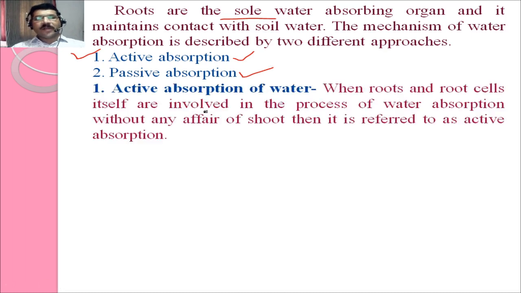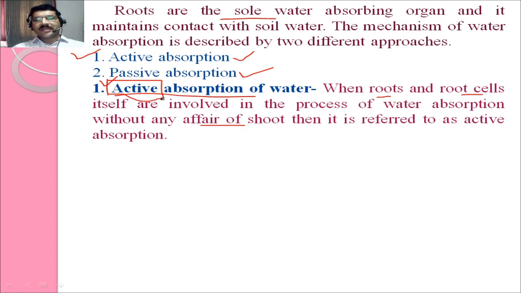So see, what is active absorption of water? The concept and the definition are very simple. We know roots are very much involved in the process of absorption of water. Why is it known as active? Because when roots and root cells themselves are involved in the process of water absorption, without any involvement of the shoot, then it is referred to as active absorption.